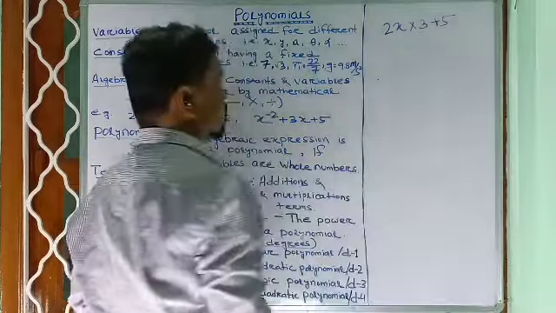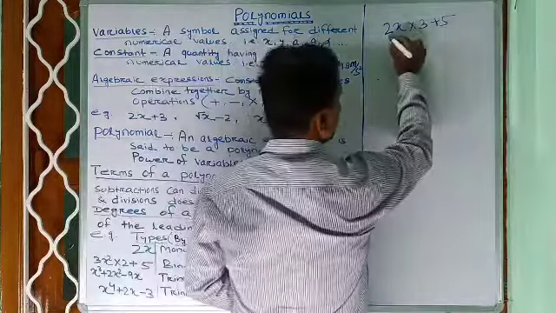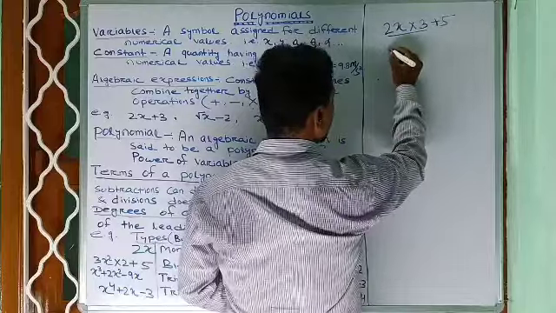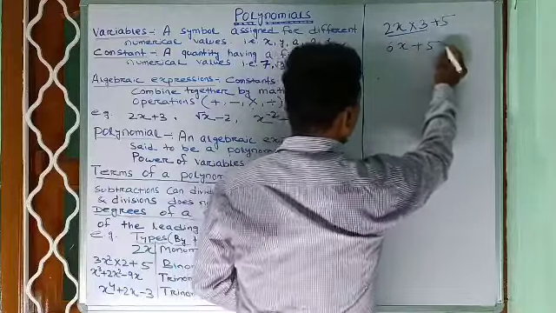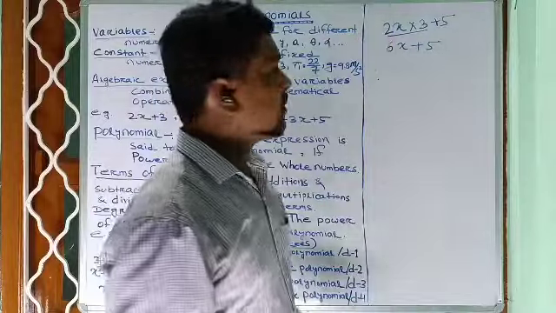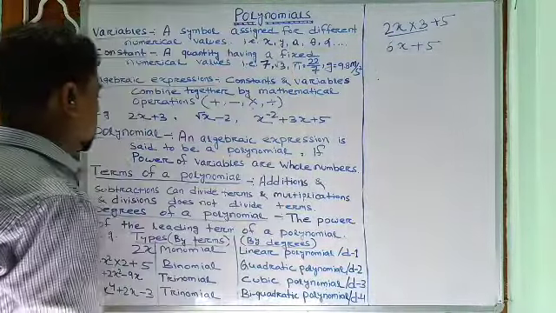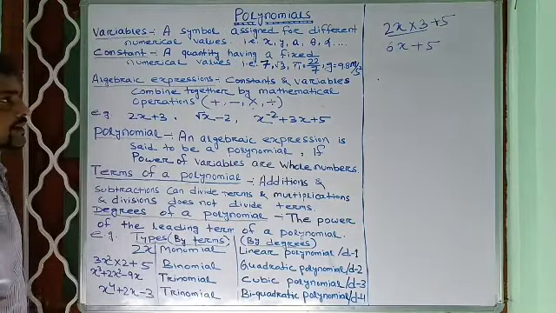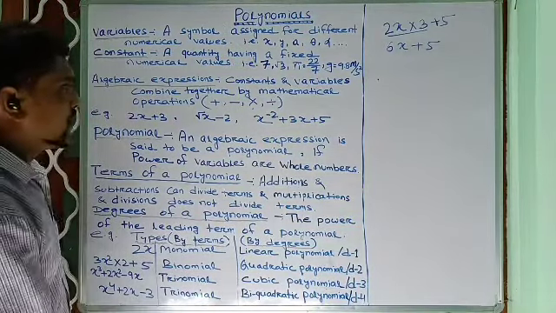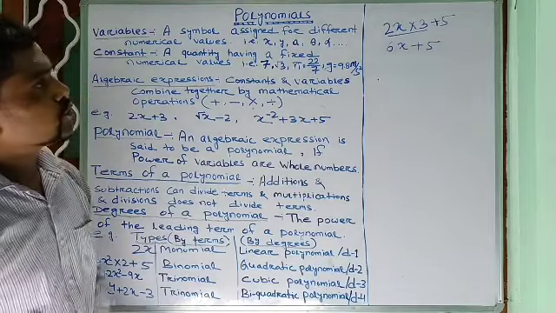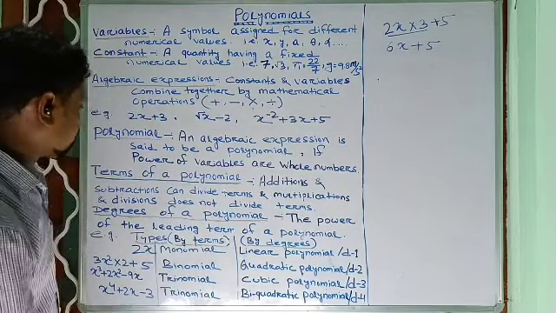How many terms are there? This is multiplication, I will multiply, it will become 6x plus 5. It is looking like 3 terms, but actually it is 2 terms. If it is 2 terms, we can say it is a binomial. If it is 1 term, it is a monomial. If it is 2 terms, it is a binomial.